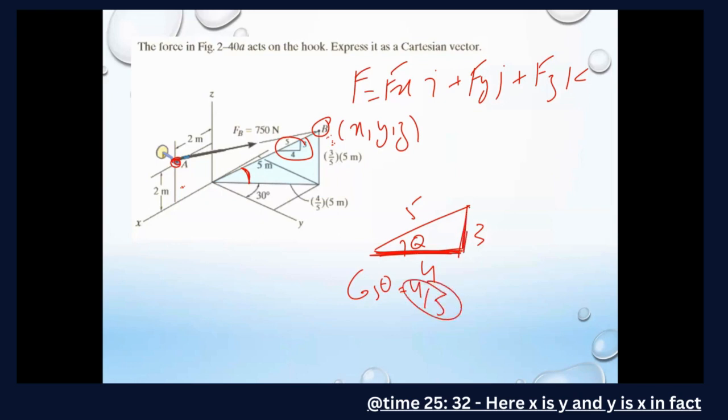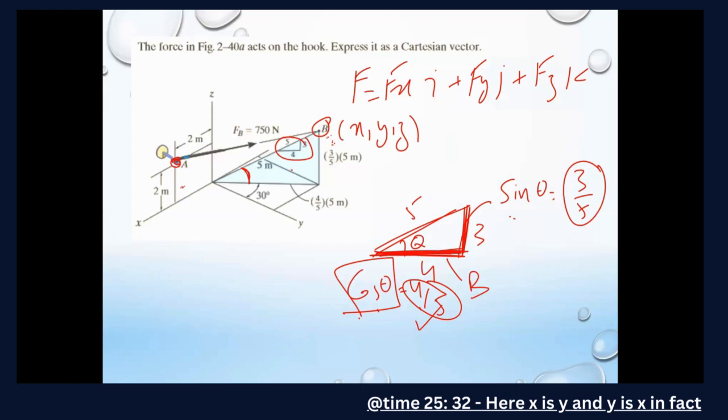When you want to use this side, that is sine theta, you just use the ratio 3/5. Cos theta is base over hypotenuse, 4/5. So if I do not know the angle, I can use this equivalent ratio. Sometimes they give you a triangle like that. It means that instead of using cos theta, you can use the actual ratio, right?